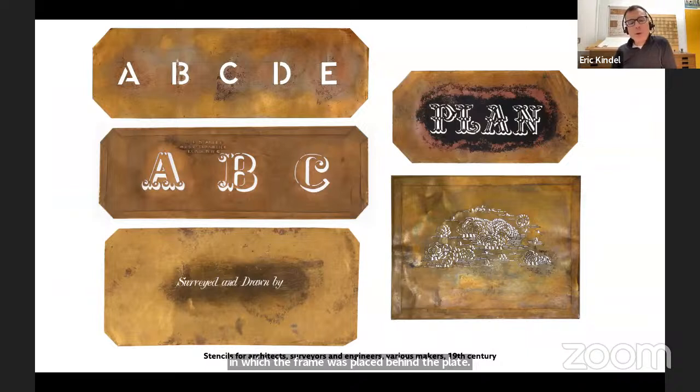Much stencil cutting in Britain in the 19th century is characterized by superb precision, which may be explained by the fact that some stencils of the period were produced by mathematical instrument makers for use by architects, surveyors, and engineers in their drawings.